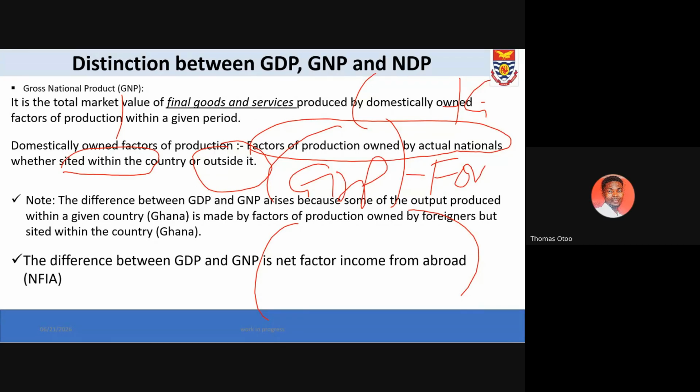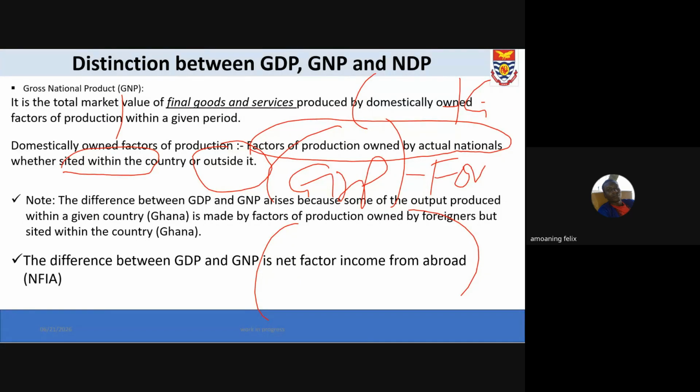So please come again. I am saying that when we talk about the difference between your GDP and your gross national product, which is your GNP, it is the net factor income from abroad. And we ask, what is net factor income from abroad?